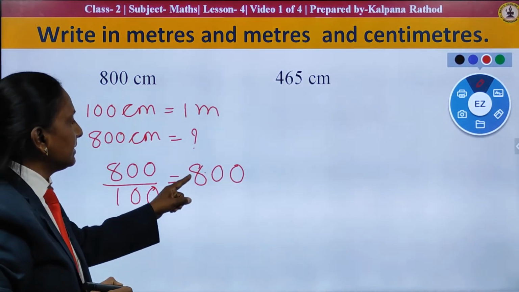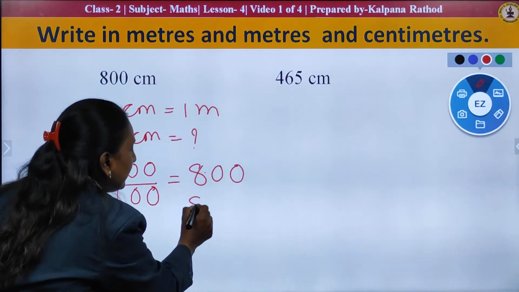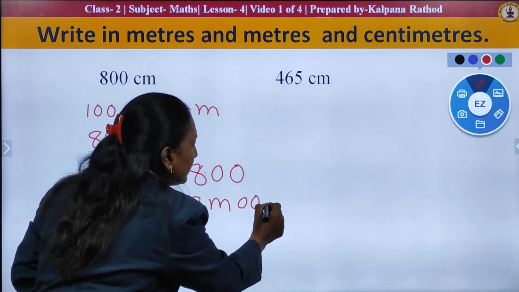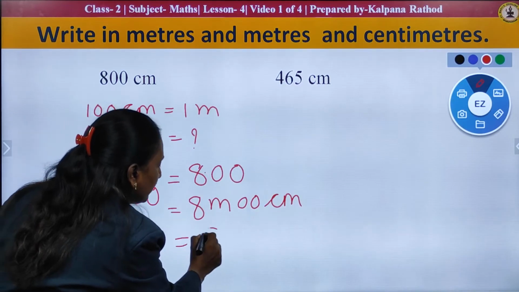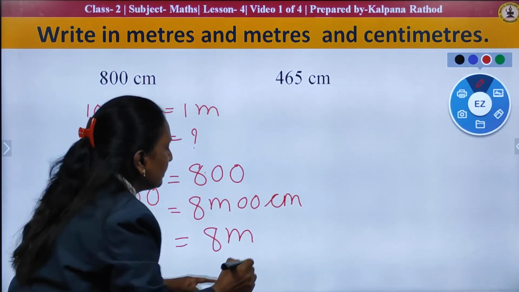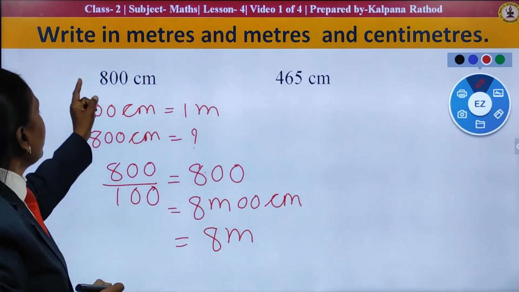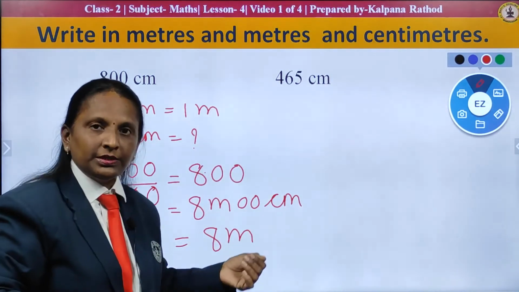So here the answer is, the number before the decimal point is 8 meter and here 0 centimeter. So our answer is 8 meter only. As we are not concerned with 0 centimeter, our answer is 8 meter. So 800 centimeter we converted into 8 meter.